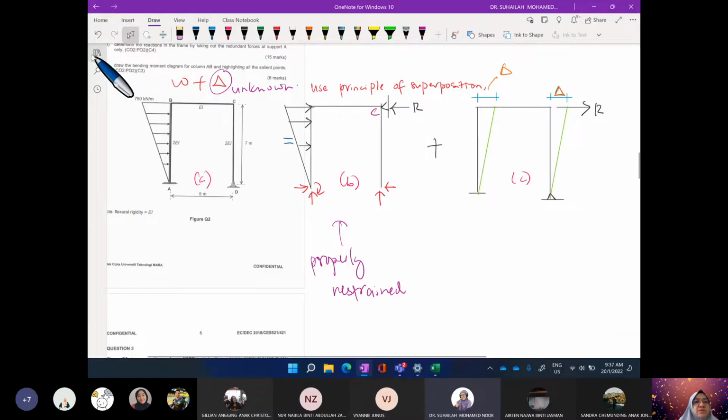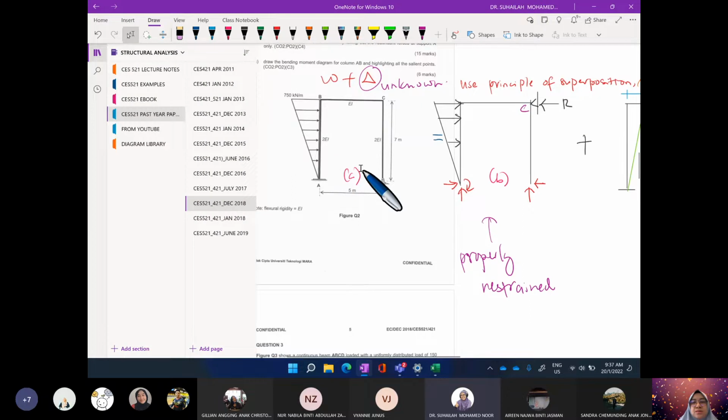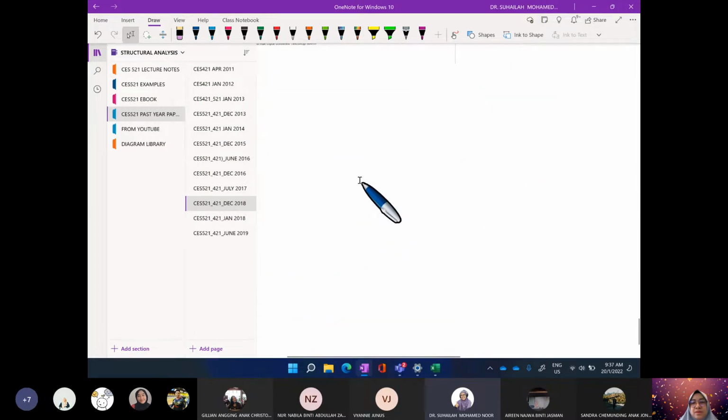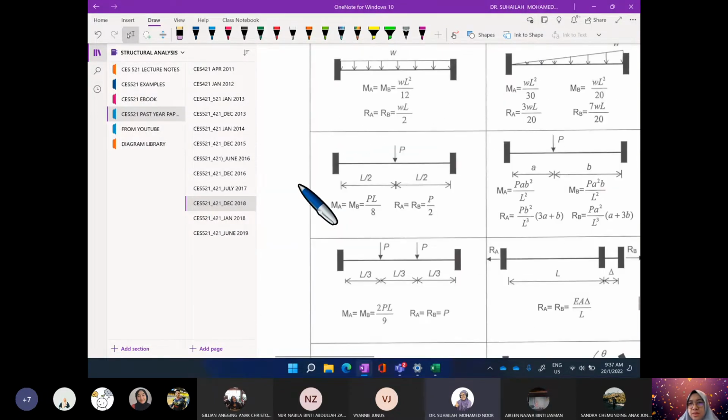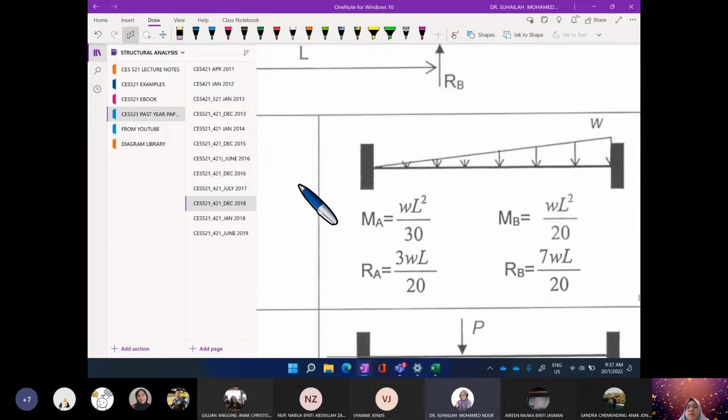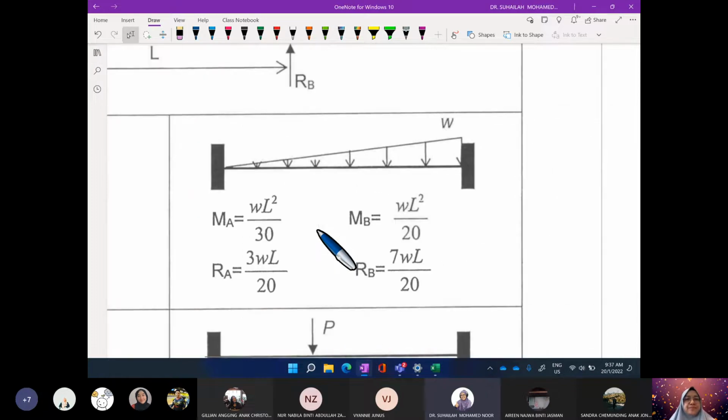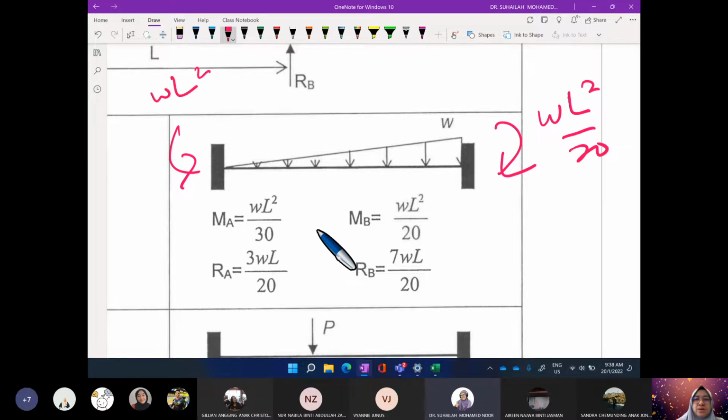So we have WL squared over 30 here. This is WL squared over 20. This is WL squared over 30.